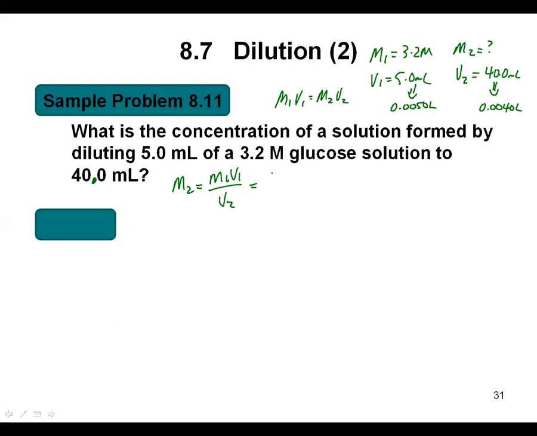So if we take our 3.2 molar, we times it by our 5 milliliters divided by our 40 milliliters. The reason why it's okay is you can see here, milliliters and milliliters are going to cancel when they divide, and you will be left with molarity.